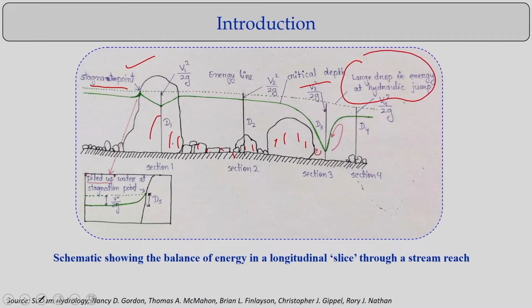Because of this resistance, we can have turbulent structures and energy dissipation. We can consider how the bed roughness plays a role in creating the turbulent structure as well as the energy dissipation.